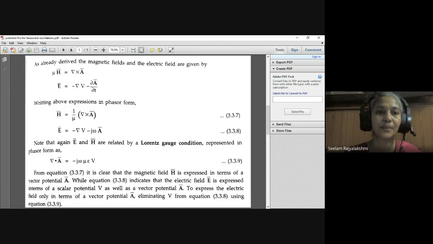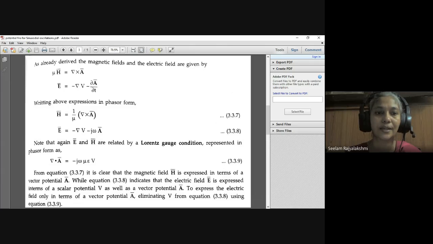If you consider equation number 9, V is equal to ∇ · A by minus jωμε. So simply we can replace V using this, so that the electric field can be obtained in terms of vector potential A.